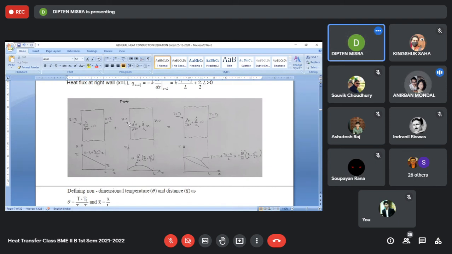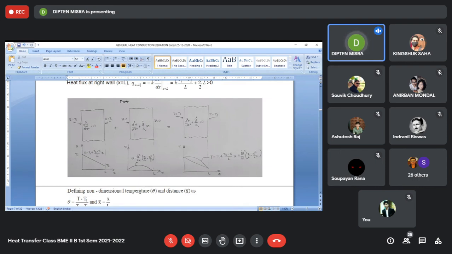There is thermal symmetry along the midline of this wall. Whatever happens on the left hand side, the mirror image of the same thing will happen on the right hand side. So heat can flow neither from left to right nor right to left across the midline.